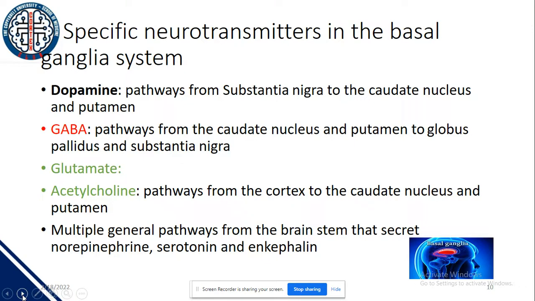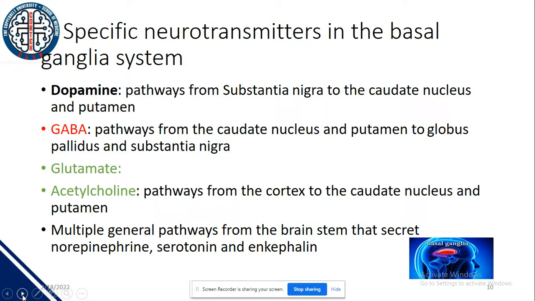We also have GABA, which is responsible for pathways from the caudate nucleus and the putamen to the globus pallidus and substantia nigra. When we say globus pallidus, we still mean those two, globus pallidus externus and globus pallidus internus. Glutamate, just like acetylcholine, plays a role in pathways from the cortex to the caudate nucleus as well as the putamen. Among these neurotransmitters, we have those which are inhibitory and those which are excitatory.